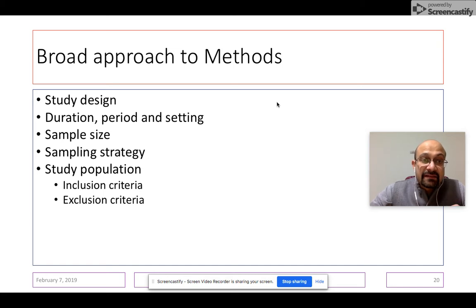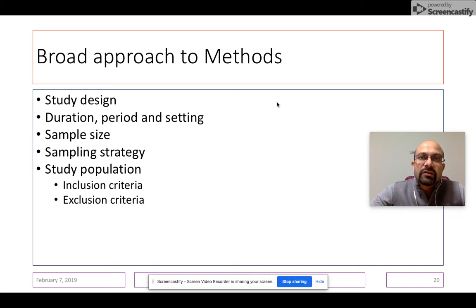However, the exclusion criteria are those criteria which, if found among those who were included, were then excluded from the study. A lot of people will make a mistake that they will say that we excluded patients who did not consent to participate. Obviously, that's not an exclusion criteria.